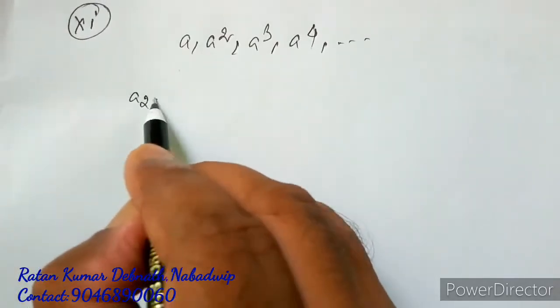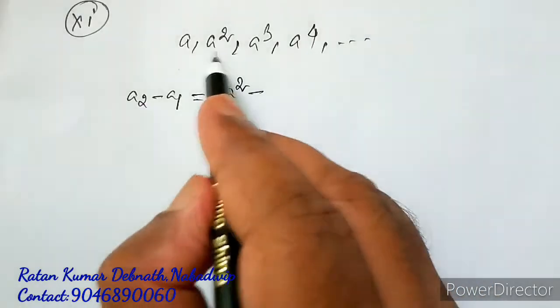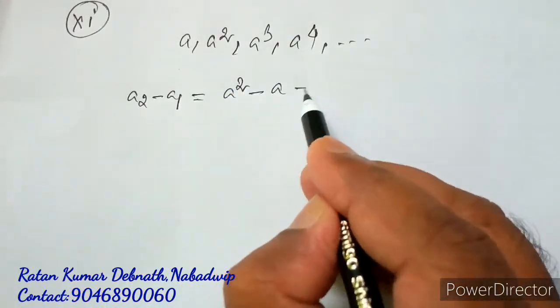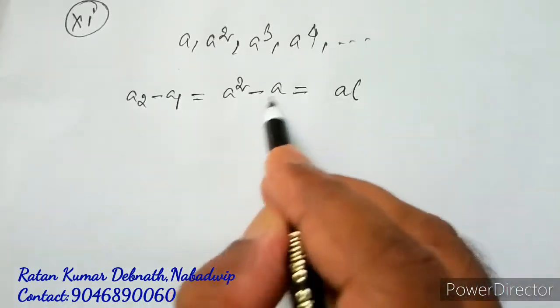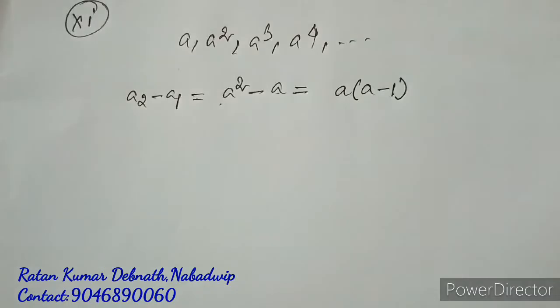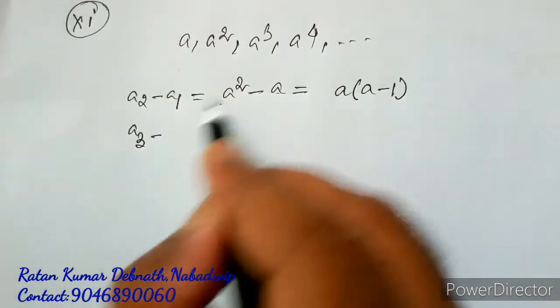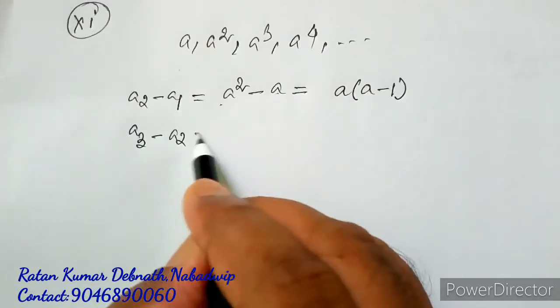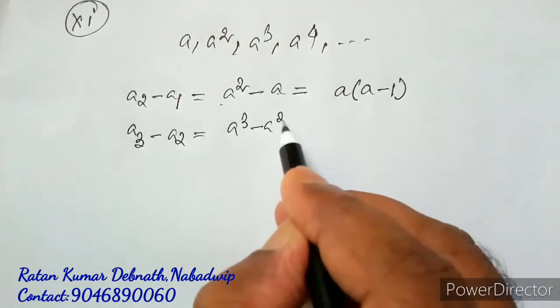Now a2 minus a1, that is second term minus first term, is a square minus a. We can take common a from these two numbers. So it will be like this: a3 minus a2, that is third term minus second term.